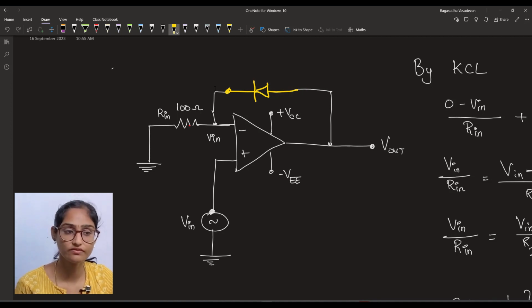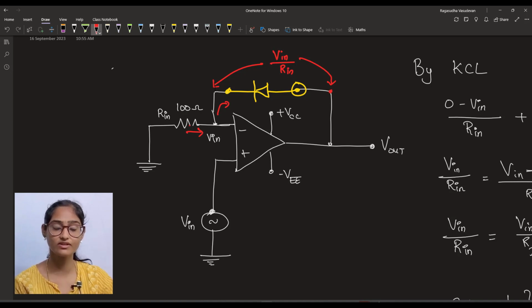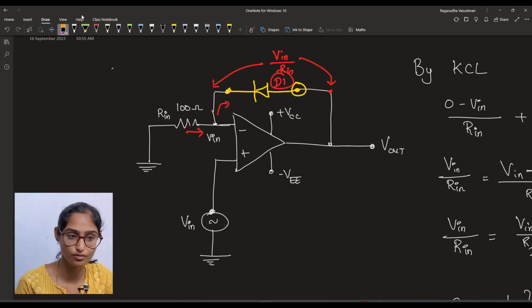We will place the diode in the feedback path to test the voltage across it, because through it you will get the current Vin divided by Rn, which is nothing but the current flowing into this path. When you are passing a constant current, what is the drop across this diode? This will be measured for, let us say, diode 1.